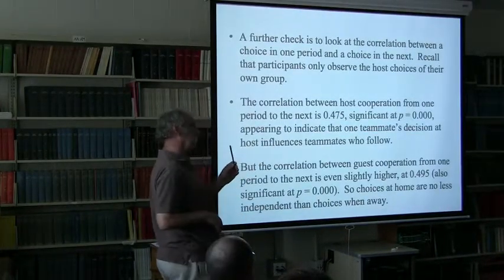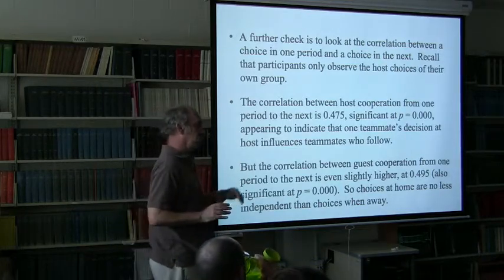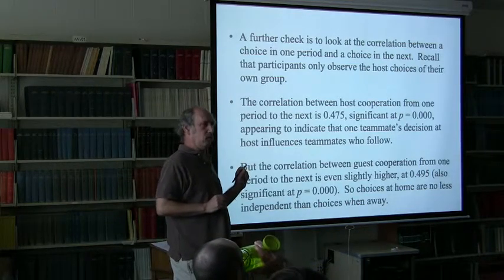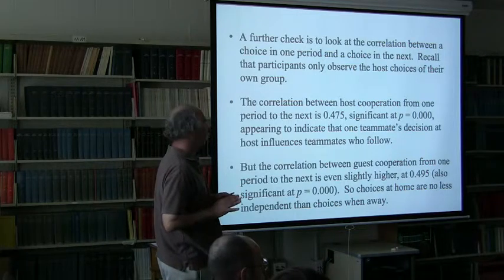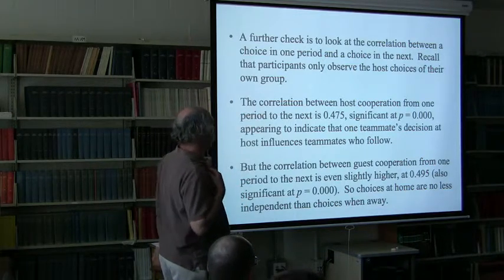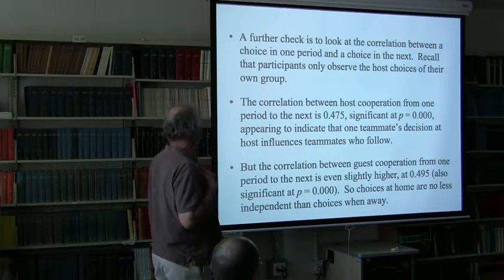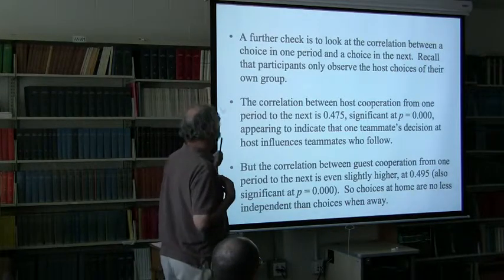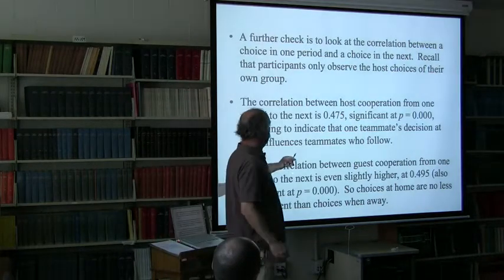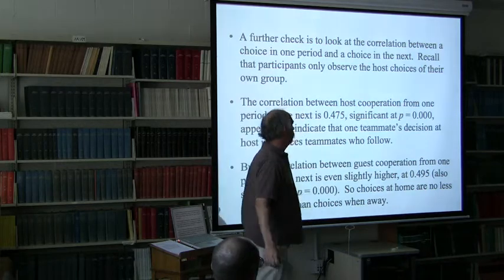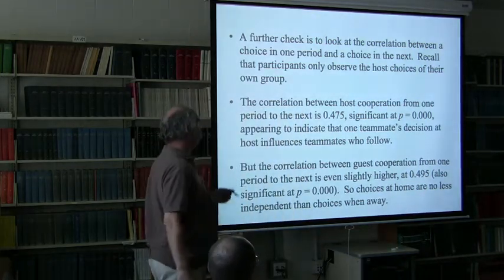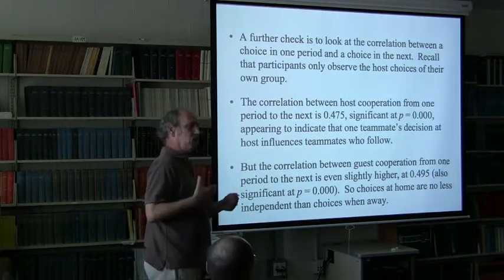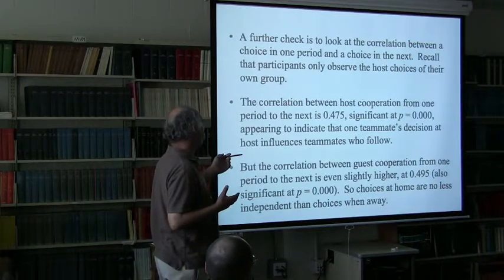So you only observe choices in your own room and the one time that you go to the other room. So mainly you observe your own choices. I changed terminology. Host means when you're at home, and guest means when you're away. We get very high correlation, 0.475, between cooperation from one period to the next, so it looks like people are paying a lot of attention.